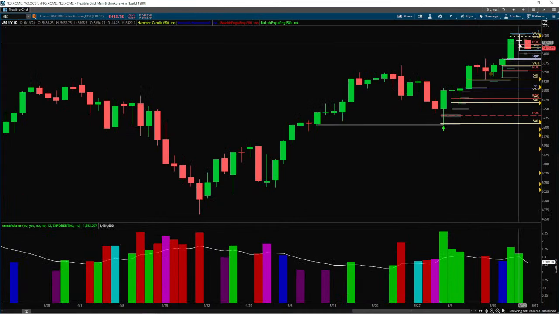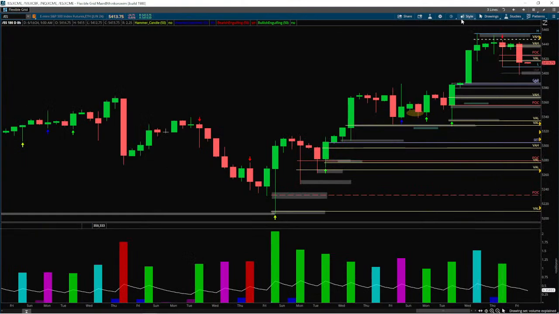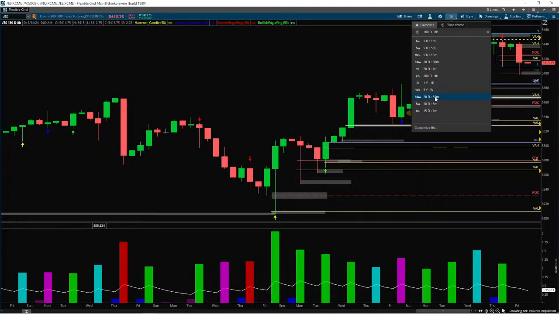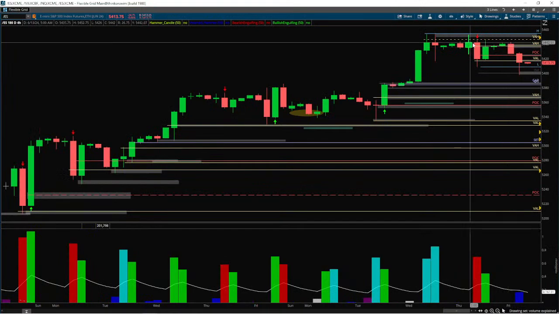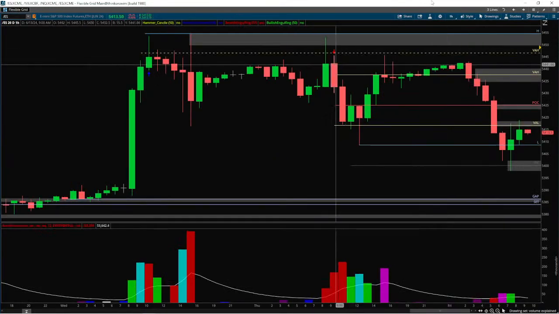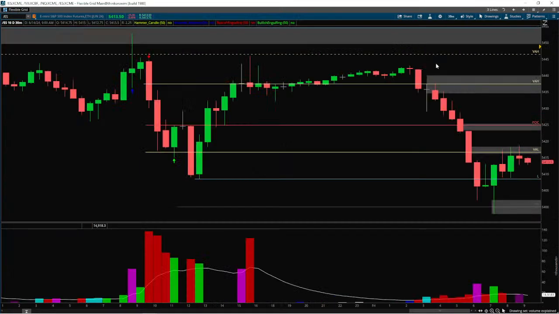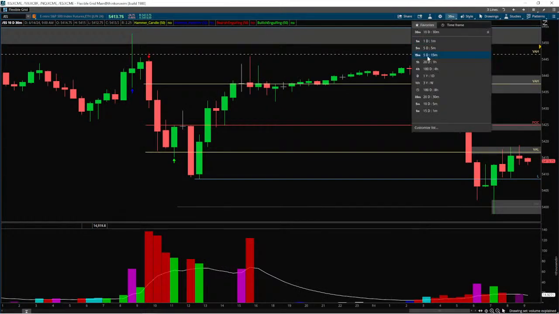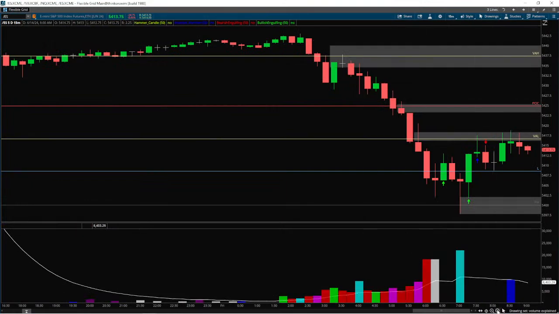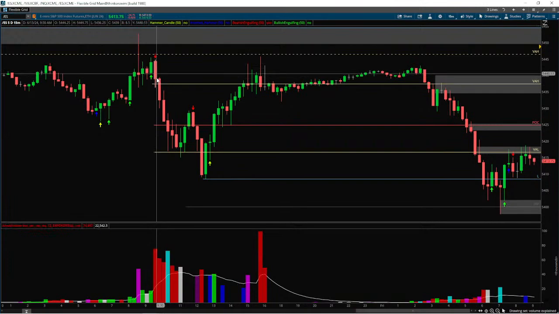No, we got that nice doji up there, but it's on the 8 hour, 4 hour, 1 hour, and the 30-minute. And is it on the 15? And on the 15. So this area here is definitely a challenge.